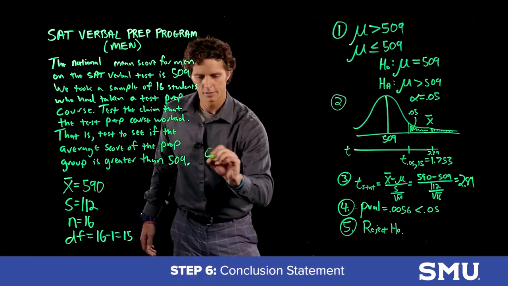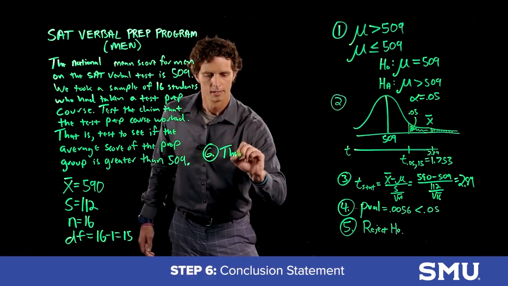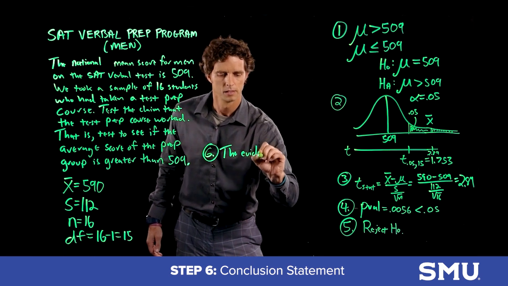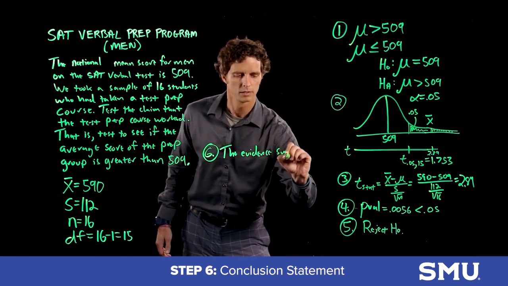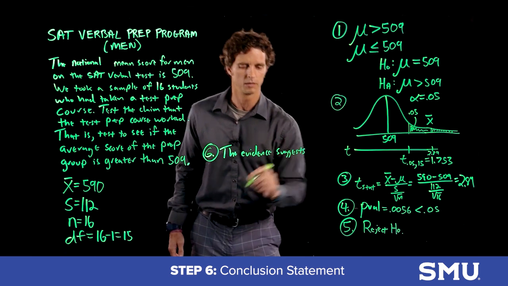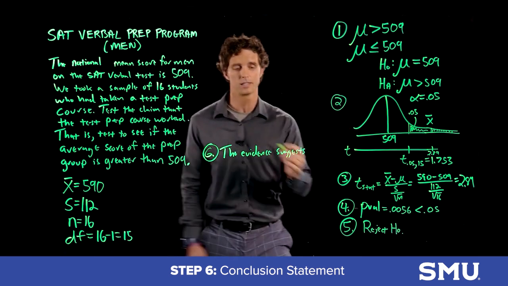And we're going to conclude here in step 6 that the evidence suggests, we don't know anything, we didn't prove anything, we're just saying what this particular sample of size 16 suggests.